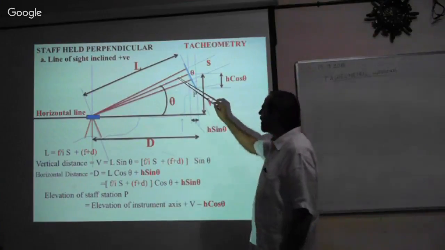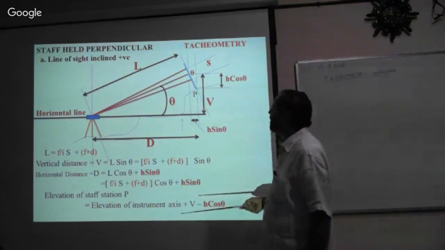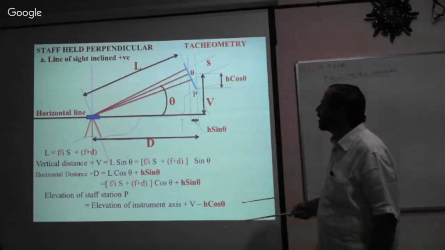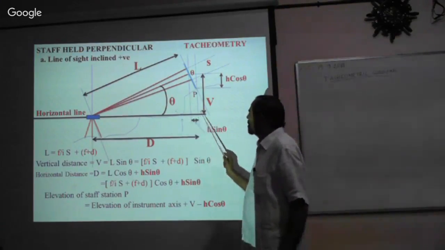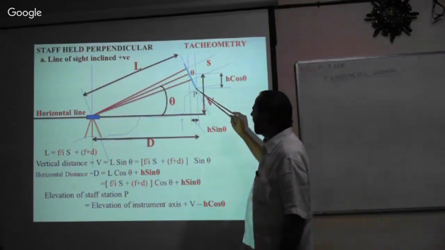When the staff is held perpendicular to the line of sight, this angle and this angle become the same. Both the angles are the same. This is the location where the instrument is, and where the staff is held.